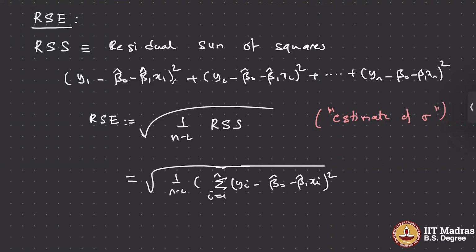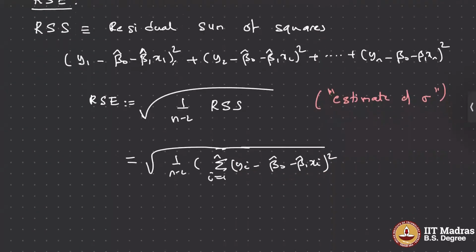So the RSE is considered a measure of lack of fit of the model to the data. If the predictions are very close, that is yi is close to yi hat, if this is small, then RSE will be very small. Then we can conclude the model fits the data very well. If yi is very far from the predicted values, then RSE is very large and the model is not predicting well.